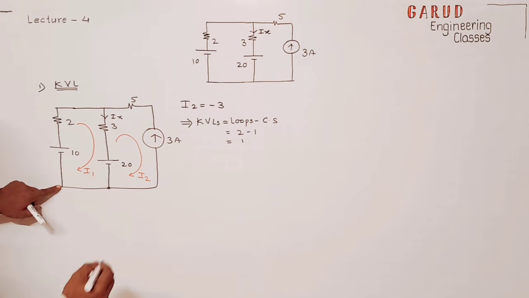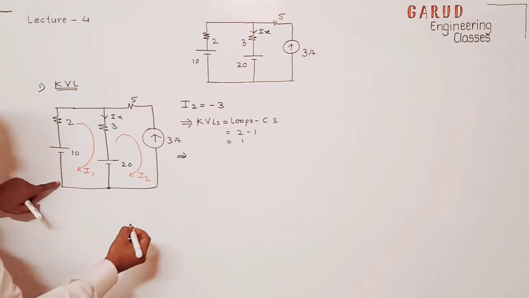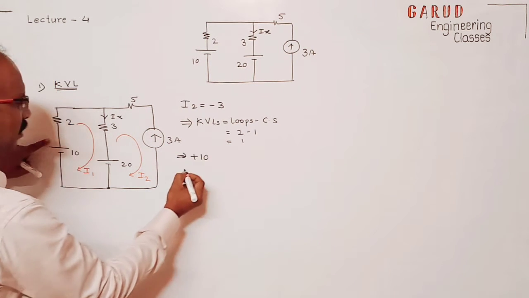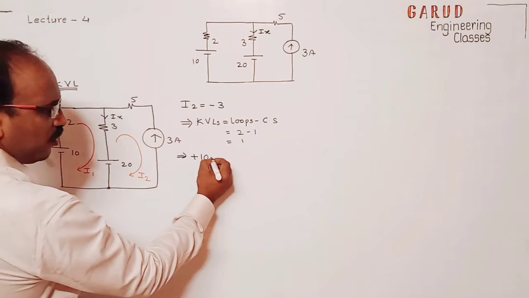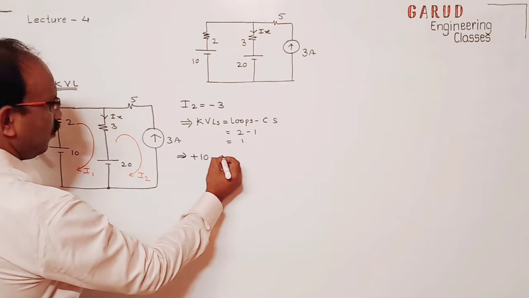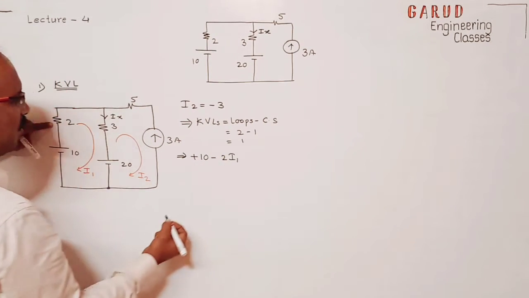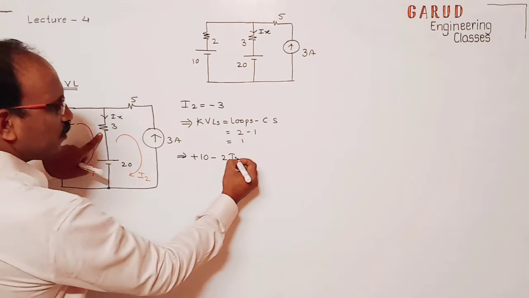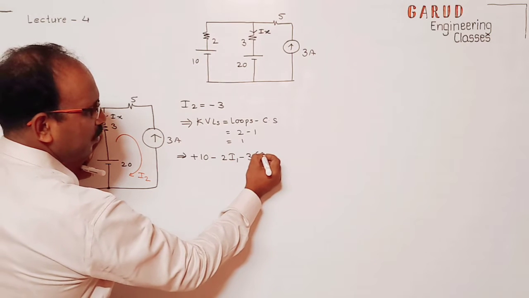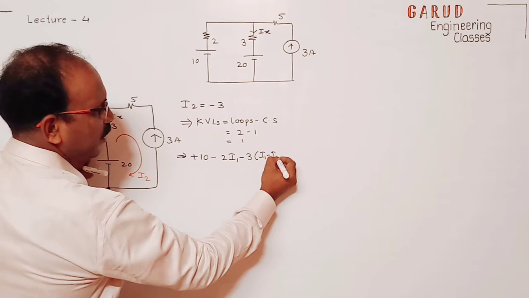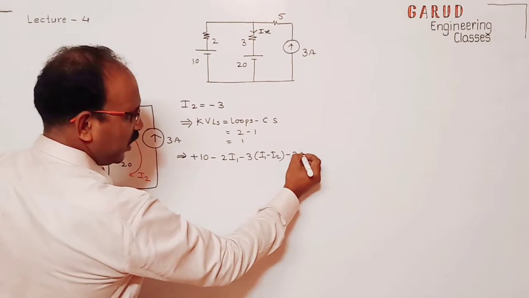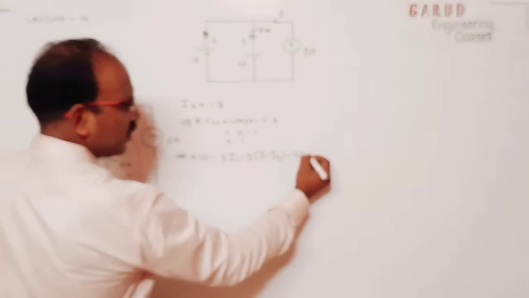If I start from here, rising potential is plus 10, drop is always considered minus: minus 2 I1. Here there are two currents, so minus 3 (I1 minus I2), and then minus 20 equals 0.